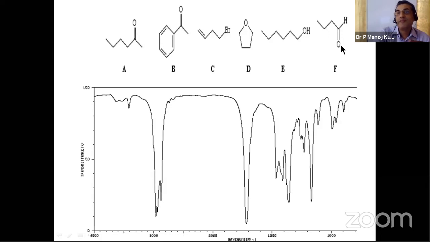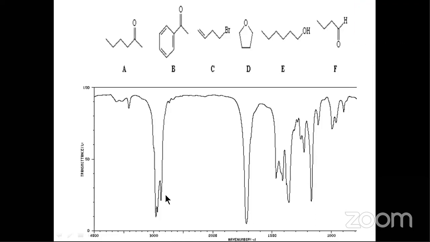So somebody is telling F. Of course, it should have been a correct answer provided you got the aldehyde CH in the spectrum. You see 2850 and 2750, where does it come? You just closely analyze this portion. 2700 to 2800, no peaks at all.